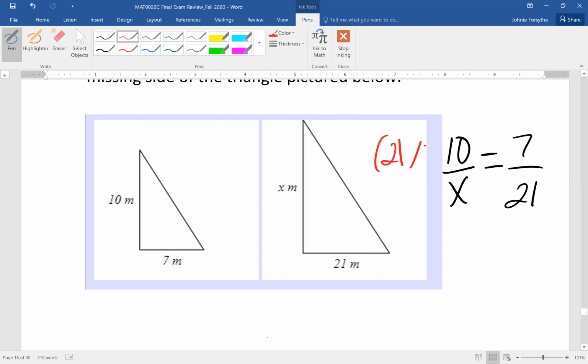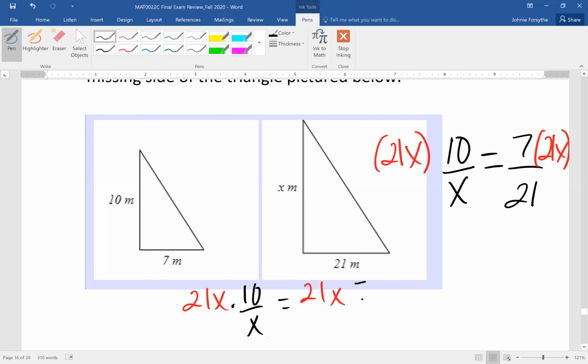So if I multiply both sides by 21x, it's similar to when Vanina was solving that problem way early in the review, where she wanted to get rid of the fractions. So when I multiply, 21x times 10 over x equals 21x times 7 over 21.